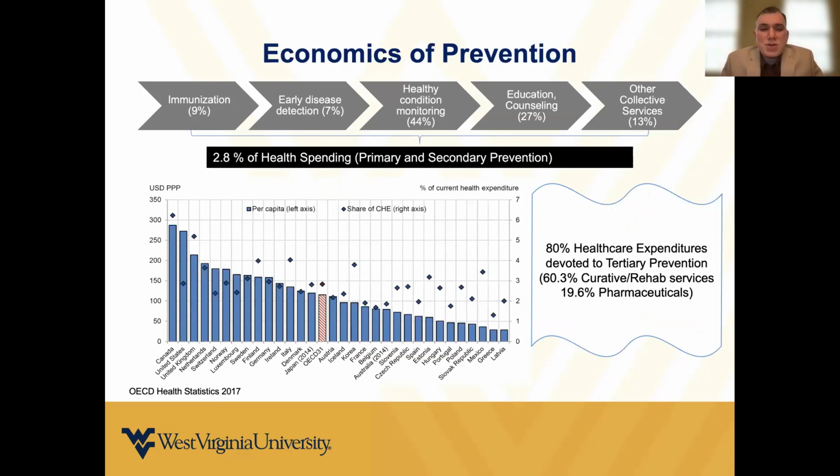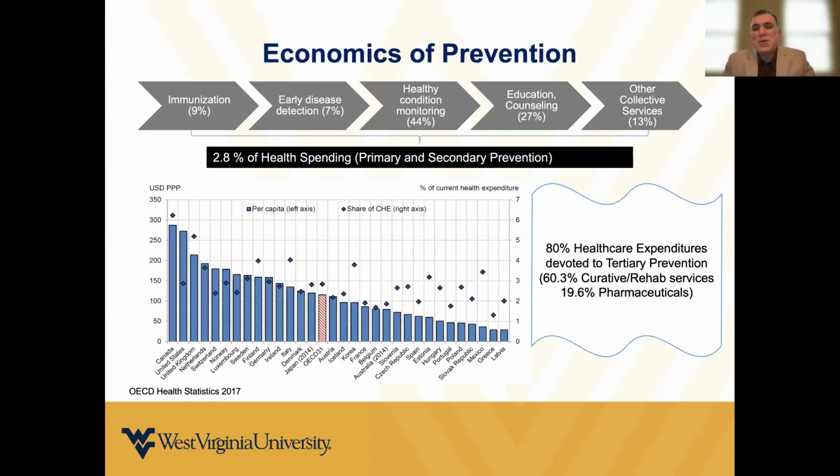Immunization is 9%, early disease detection, which is secondary, is close to 7%, health condition monitoring is 44%, education and counseling, preventive immunization screening, 27%, and collective services such as information campaigns and epidemiological surveillance, 13%. But again, you have to put in perspective, 2.8% of health spending is for prevention.